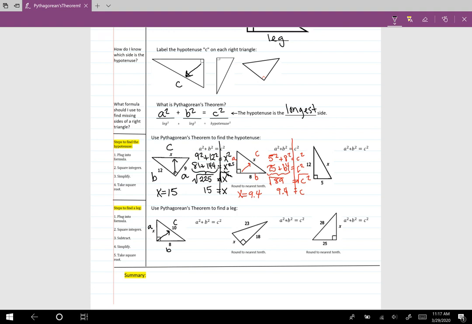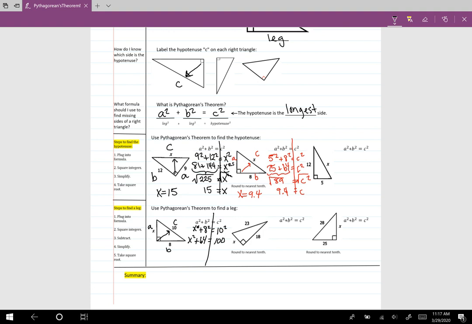So A is x. A squared is going to be x squared. B squared is going to be 8 squared. And C squared is 10 squared. So x squared plus 8 squared equals 10 squared. Let's square the integers. X squared plus 64 equals 100. This is an equation.